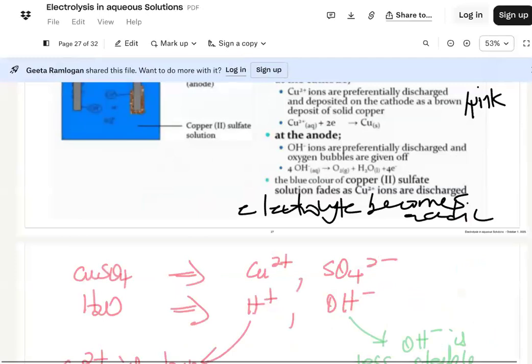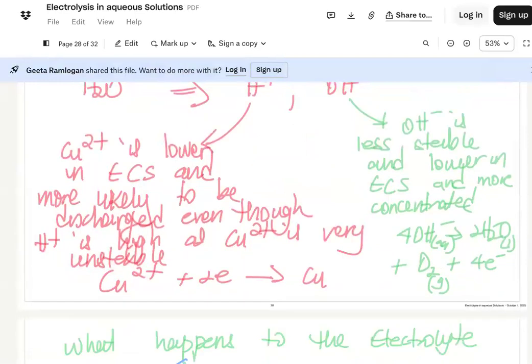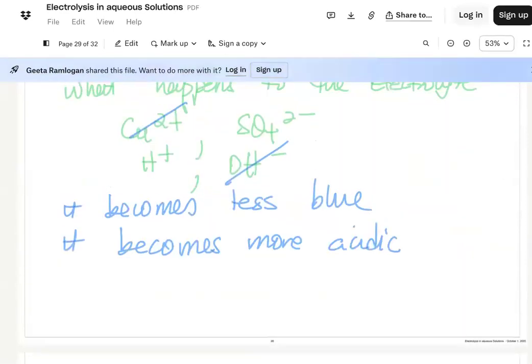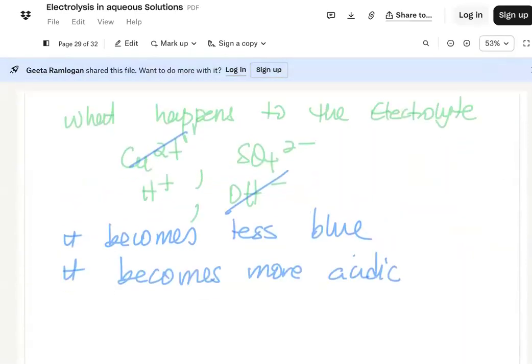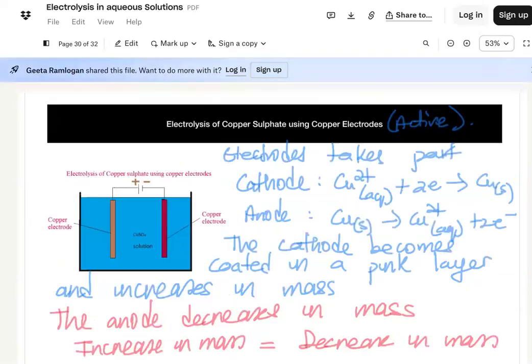It becomes less blue. What happens to the electrolyte? It becomes less blue, but only this one would be the observation, because you can tell this one. I can't see the other unless I measure it or test it with an indicator.